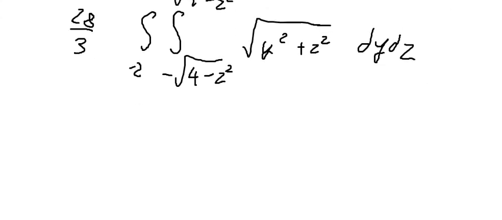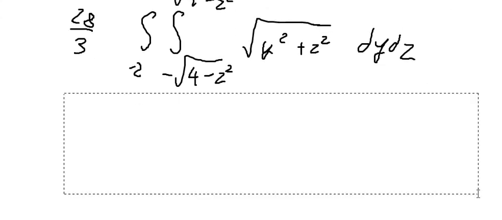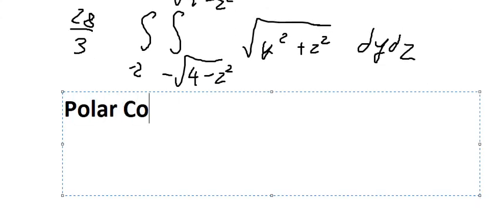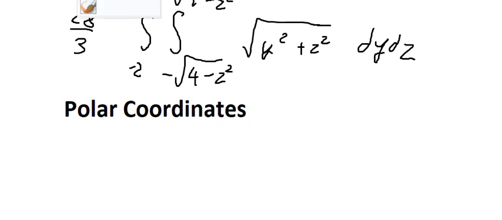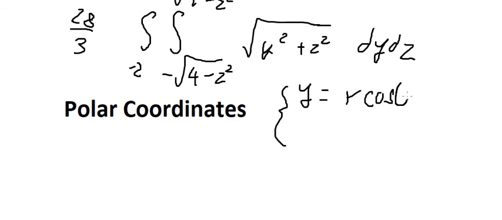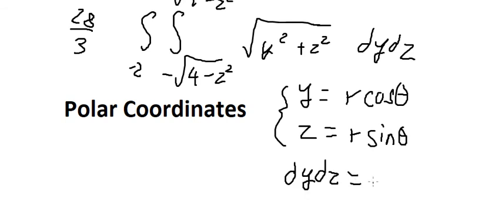Now in this situation, we need to use polar coordinates. So in this situation, we can use y equal to r cosine theta, z equal to r sine theta, and dy dz we change to r dr d theta.